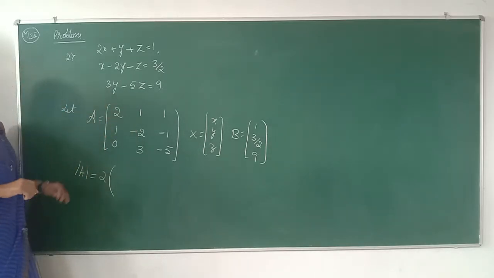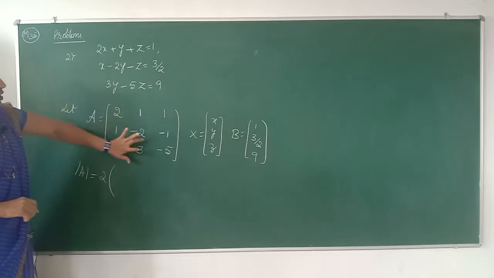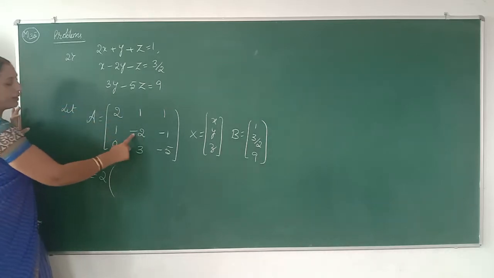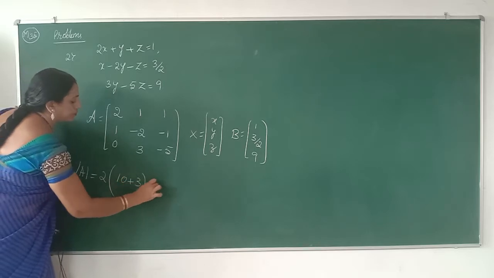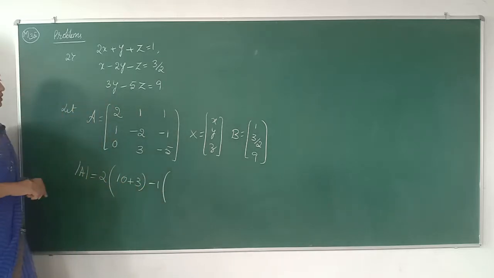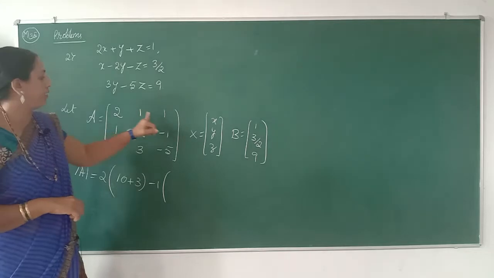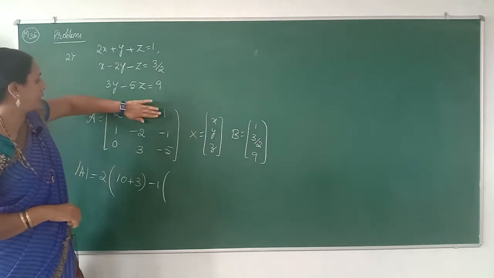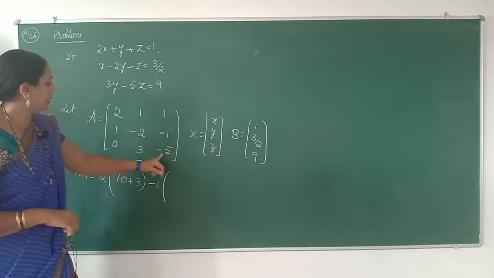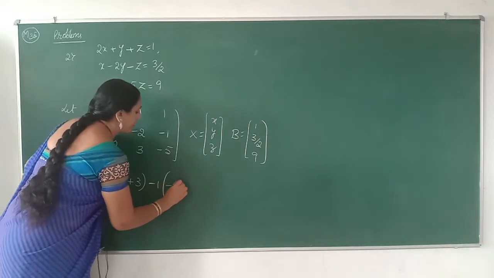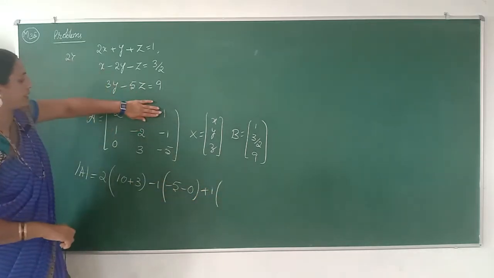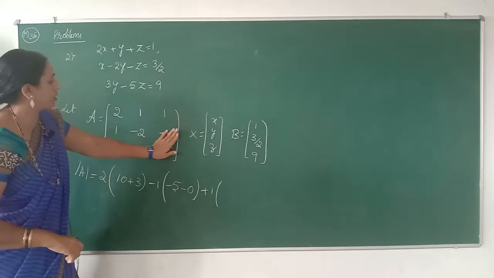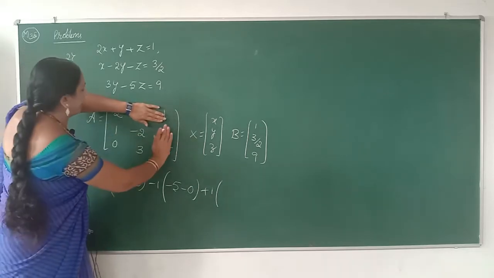2 is an element of first row, first column. These are neglected and the remaining are cross multiplied: 10 plus 3. Then minus 1. Minus 1 is an element of first row, second column, and these are neglected. Remaining are minus 5, minus 0. And third element is plus 1. 1 is an element of first row, third column. These are neglected.